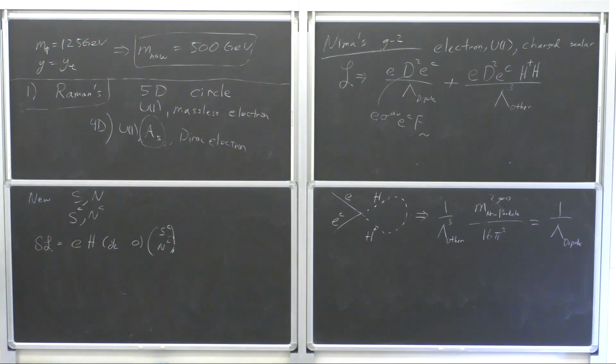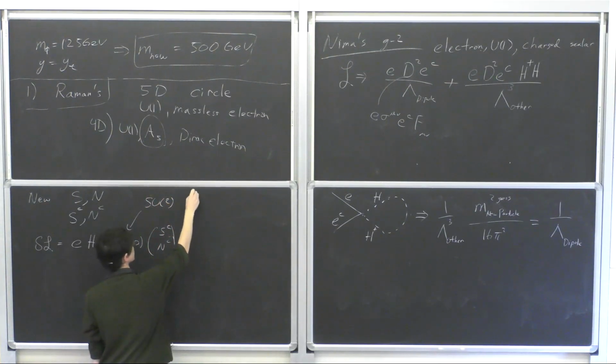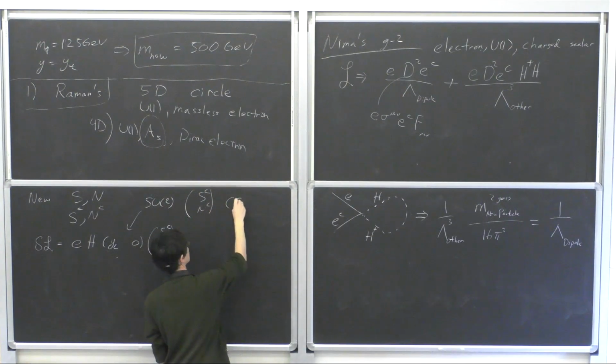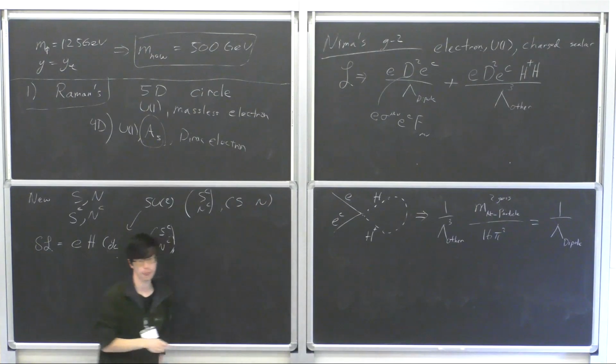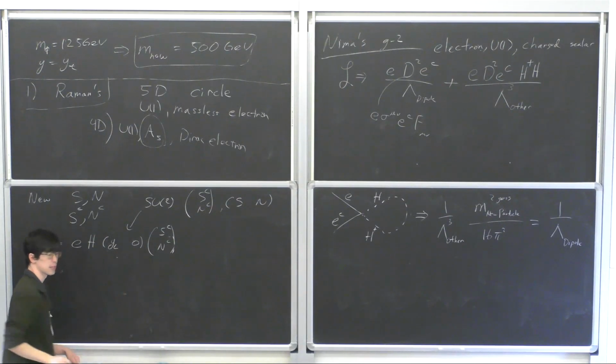So what I'm going to do is write everything within a notation where there's an SU2 under which these guys are doublets. This is just a notational thing because it'll make zeros a lot more apparent. If you want, you can even make sure, in Nima's version, there are symmetries forcing these zeros.